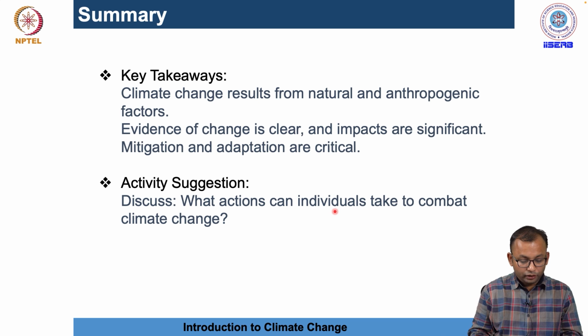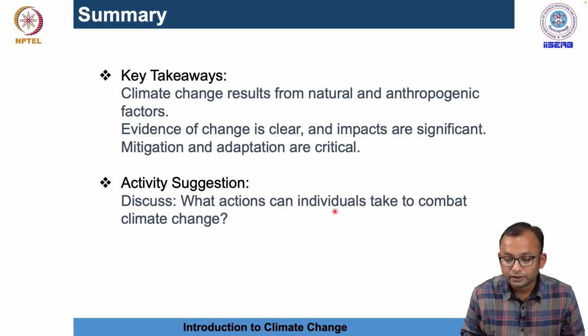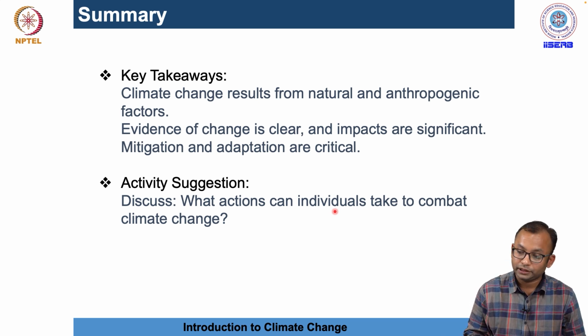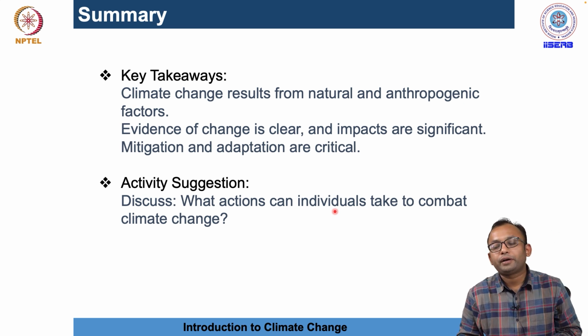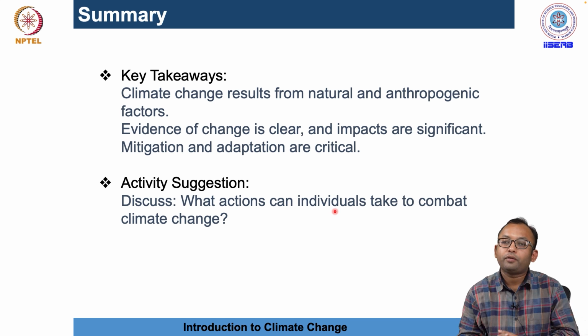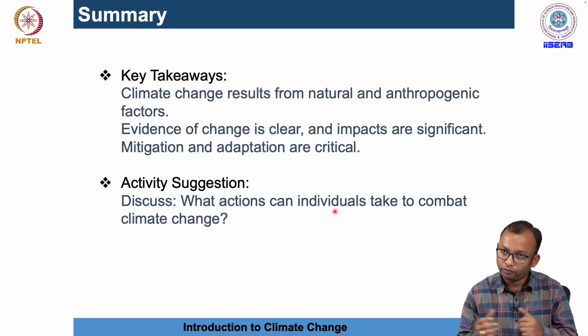So in this particular talk, we have discussed what exactly climate change is and how it results from different natural or anthropogenic factors. We have also discussed the evidence of changes, how we can prove it, and their impacts, for example, how climate change has impacted different parts of the world, socioeconomic conditions, agricultural productivity, or health.